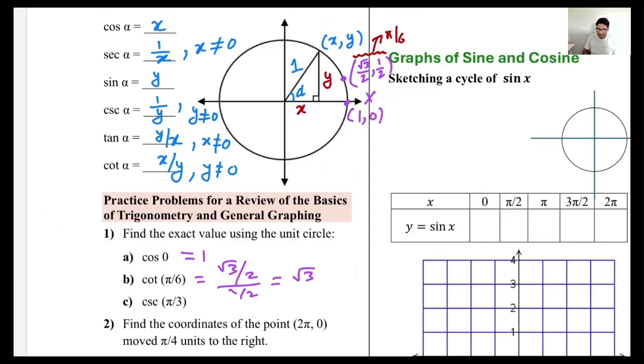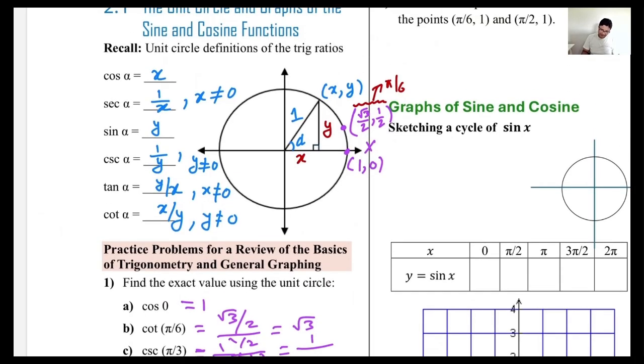And cosec pi over 3, you can think of it as reciprocal of sine pi over 3. Although you can just think of it as reciprocal of y, 1 over y, but more frequently we remember it as reciprocal of the sine function. Now sine pi over 3, sine itself is y coordinate, and y coordinate where?